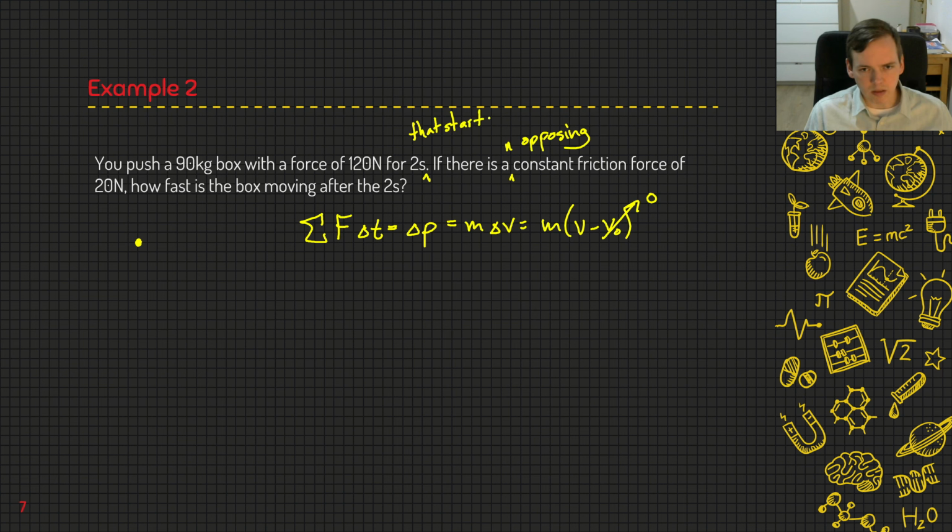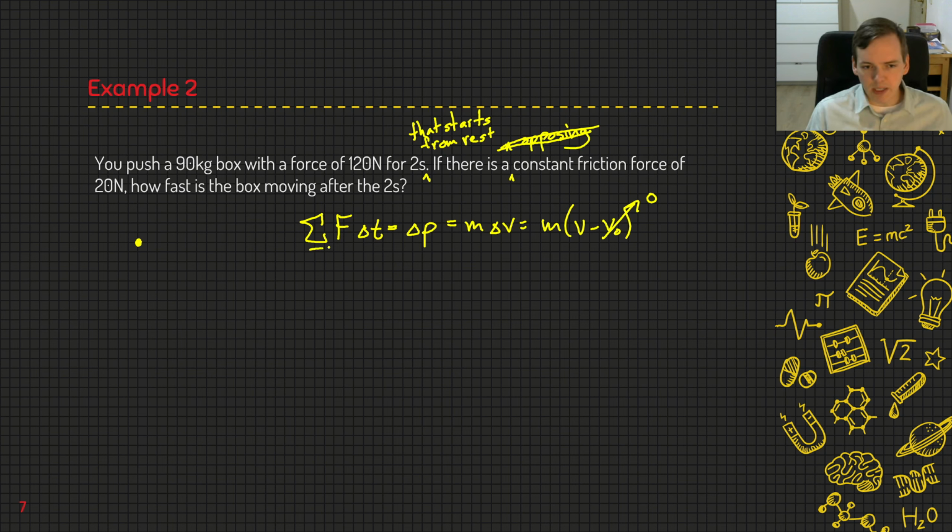That starts from rest. Sorry, I write these questions and have assumptions in my mind that I don't always get written down. In that case, we don't technically need this opposing constant friction force, because if it starts from rest, we know it has to oppose the direction you're moving. But if you want to leave that in there, that just helps to clarify it.